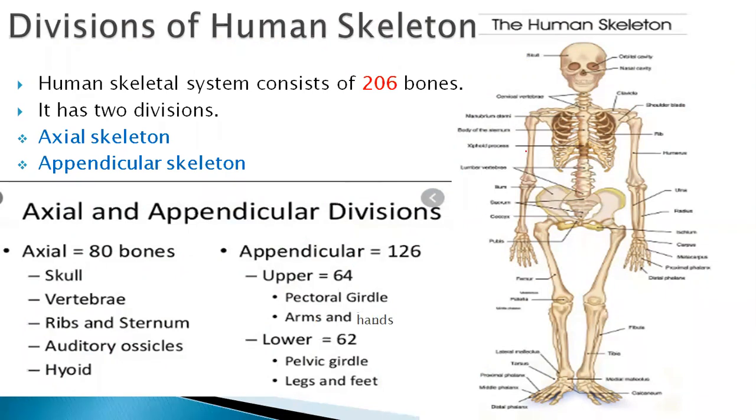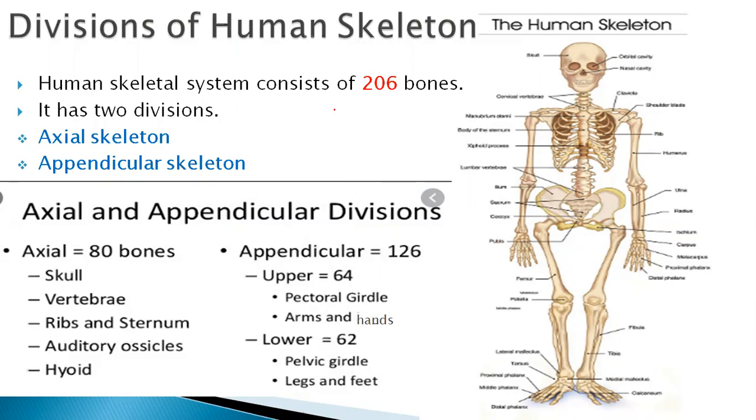You can see here in the diagram the human skeleton, and there are lots of bones. We know that the human skeleton consists of 206 bones. Actually, they are 300 when the infant is born.